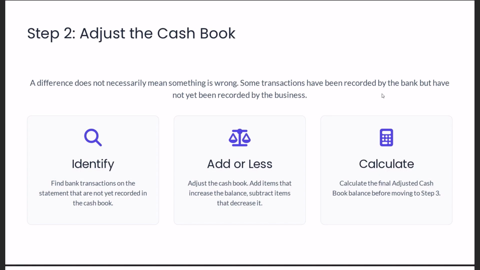Number 1, you need to identify the transactions, meaning that find the bank transactions on the statement that are not in the cash book. This needs your eye and your good attention to detail. Step number 2, you need to add or subtract.